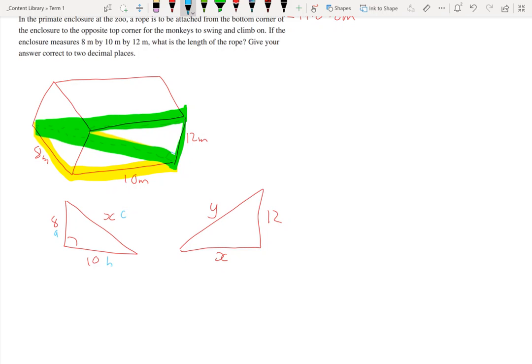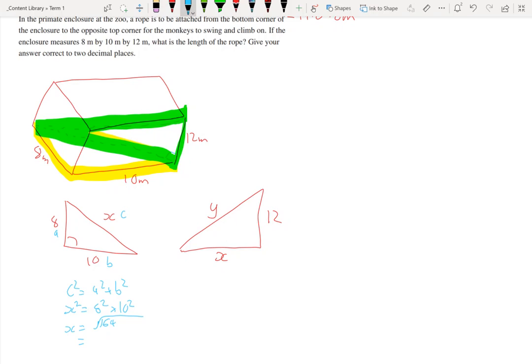Hypotenuse, short side, c squared equals a squared plus b squared. So x squared equals 8 squared plus 10 squared. X equals the square root of 164.